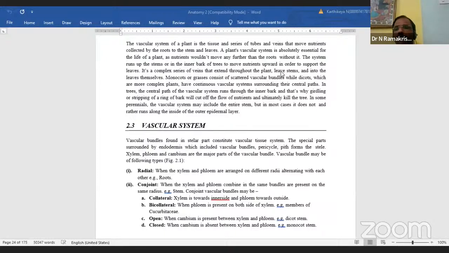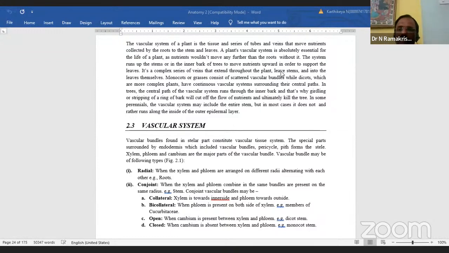The arrangement of vascular bundles is different in different parts. In the dicot stem, the arrangement is regularly in a ring, and also in the root. Here you see ring-like structures, which we call annual rings.